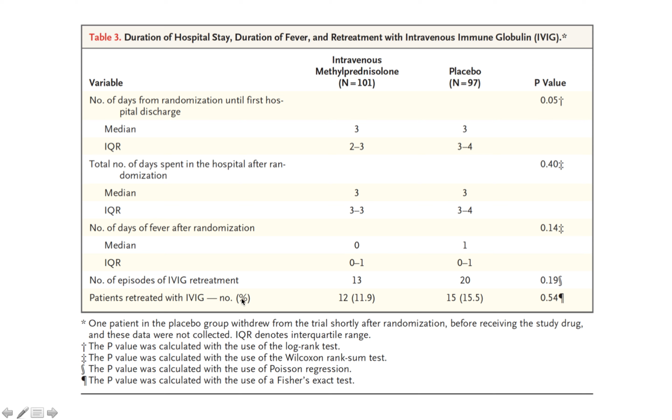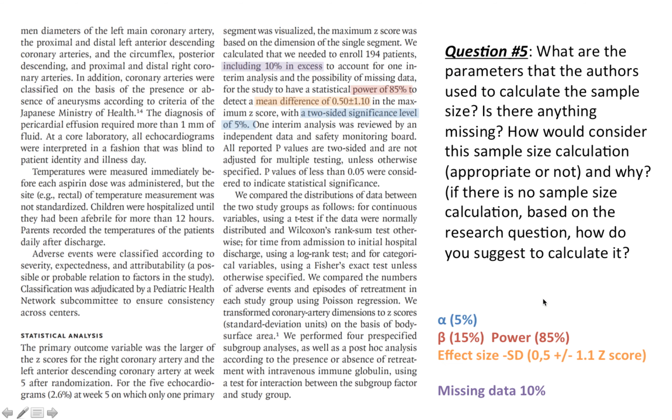For us, this is very important because it changes outcomes in the long term for patients. Here, retreated patients was a categorical variable, either retreated or not retreated. So they could use a Fisher exact test to evaluate this, which was not significant between the groups.